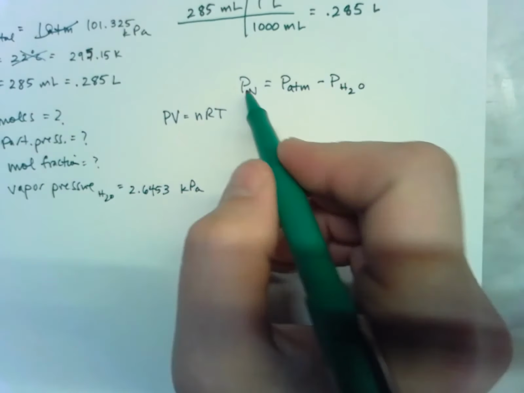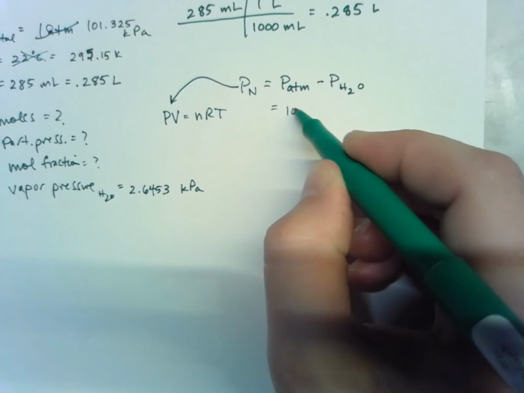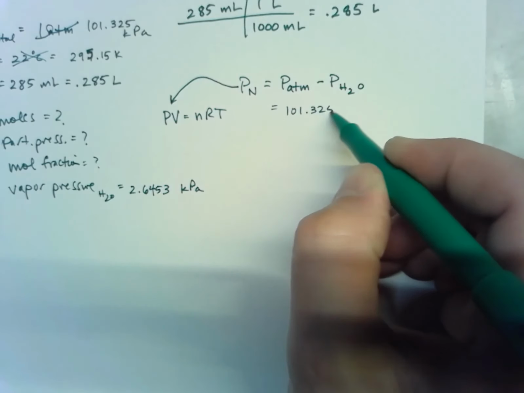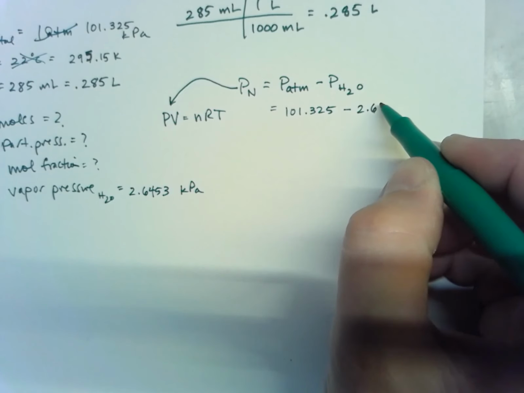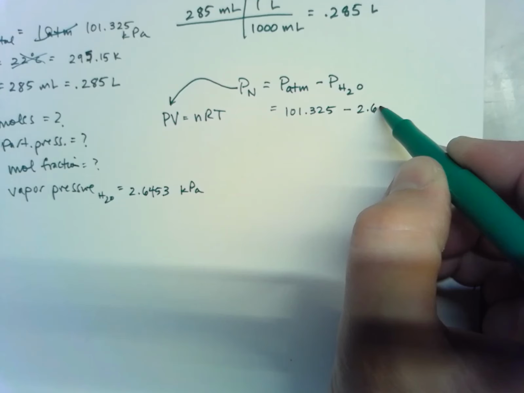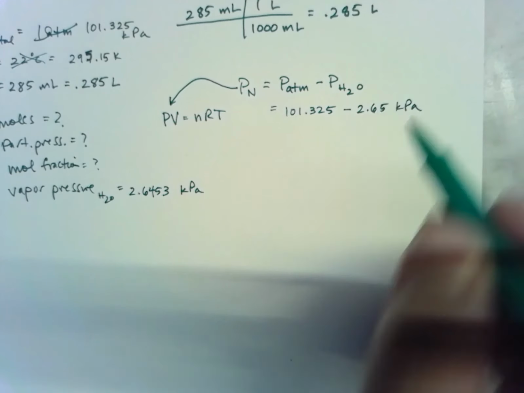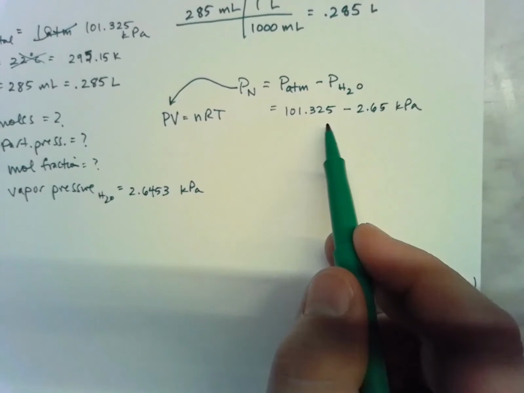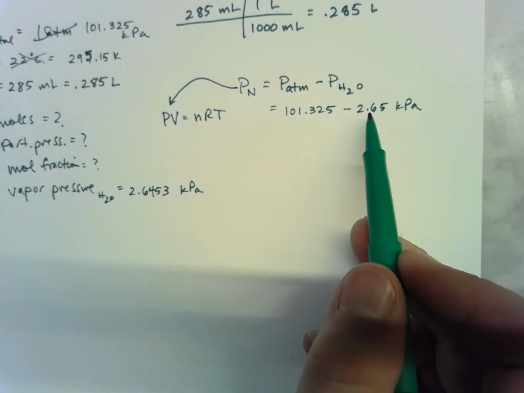And then we'll take this pressure and put it right there. So what do we have? 101.325 minus 2.6. We'll just do 2.65. Okay? And why do we do that? Because we've got a total amount of pressure, and that water vapor is eating up some of that pressure inside that vessel.